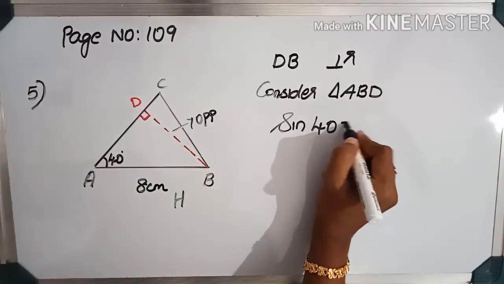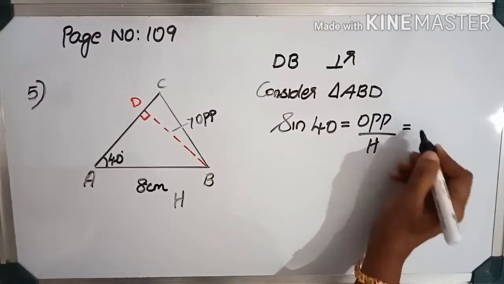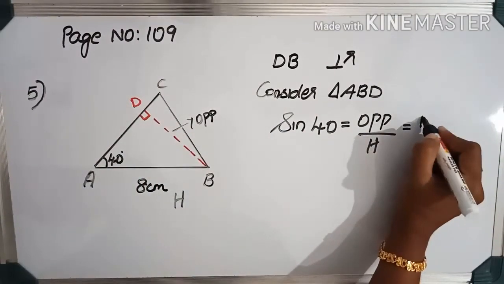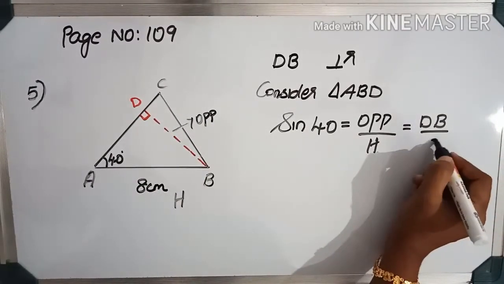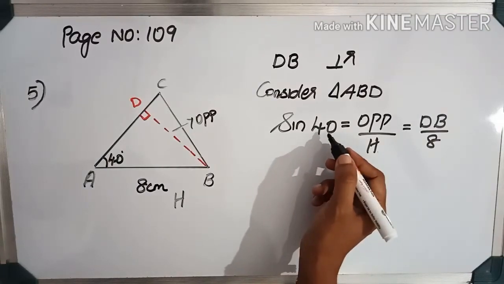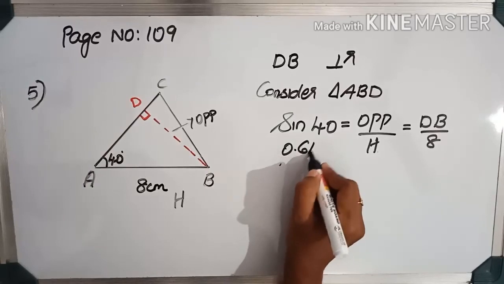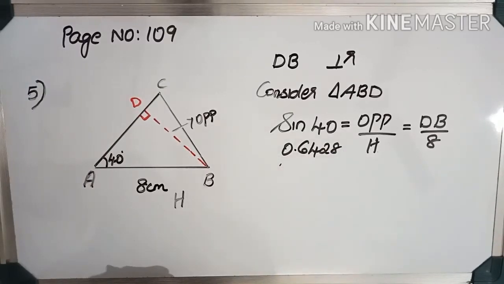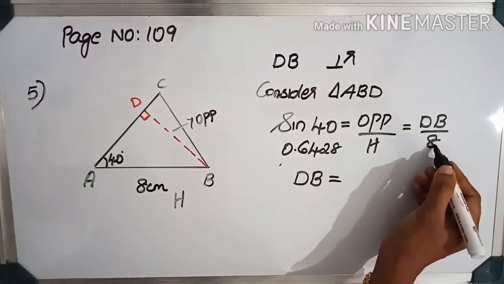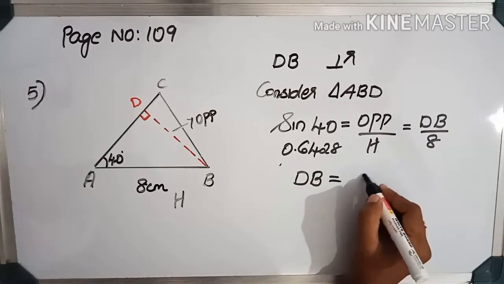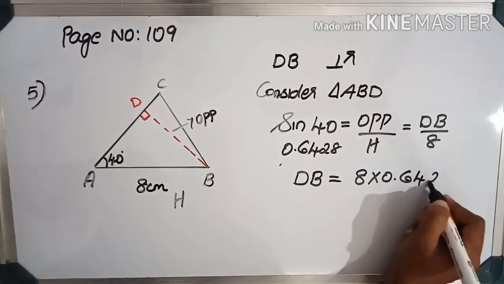So sine 40 equals opposite side by hypotenuse. The opposite side is DB, and the hypotenuse is given as 8. The value of sine 40 is 0.6428. So to find DB, 8 comes to this side: DB equals 8 into 0.6428.